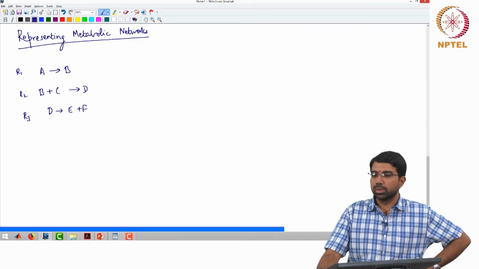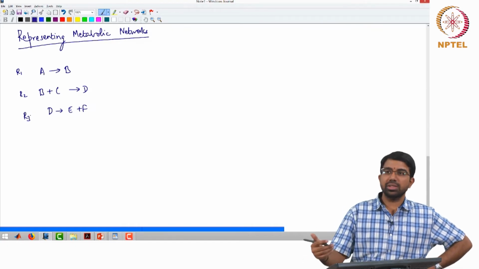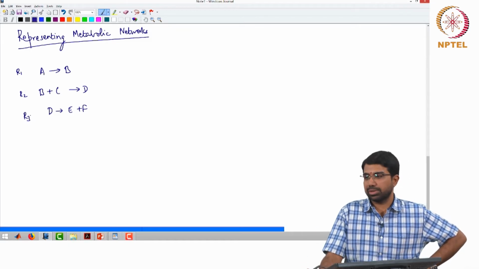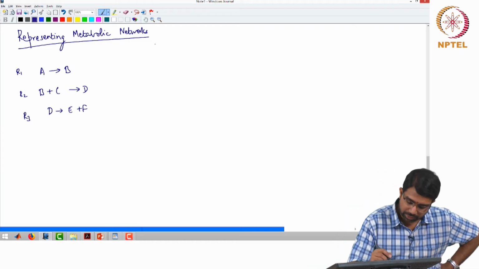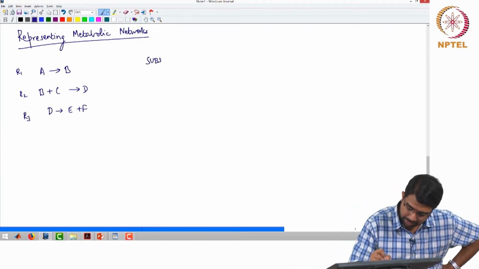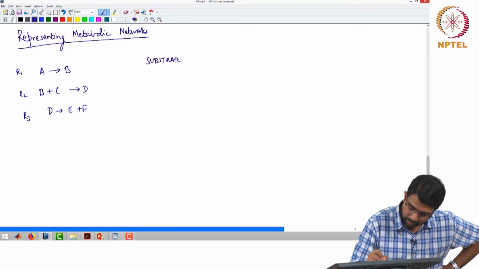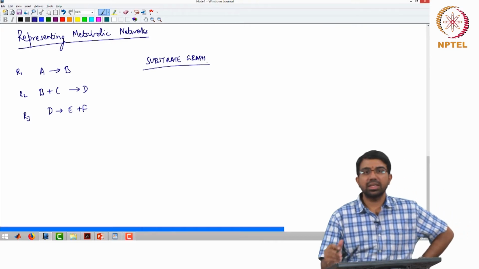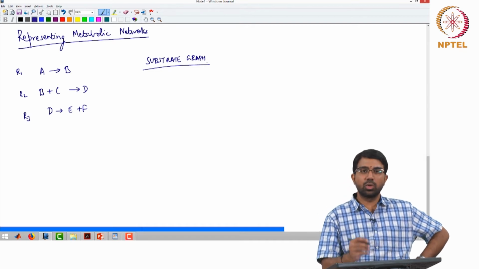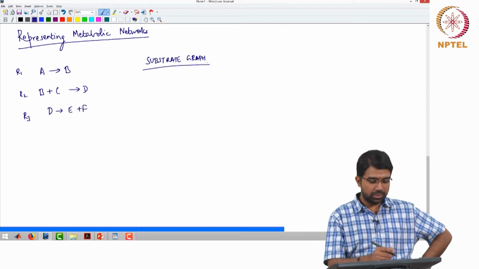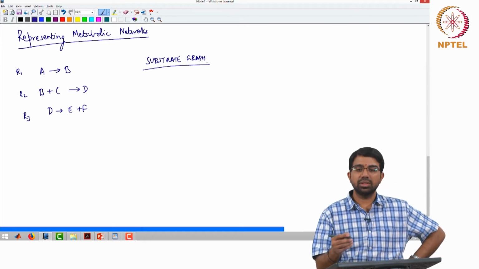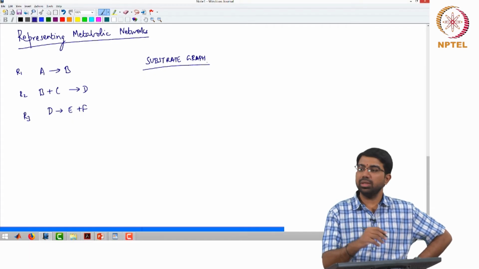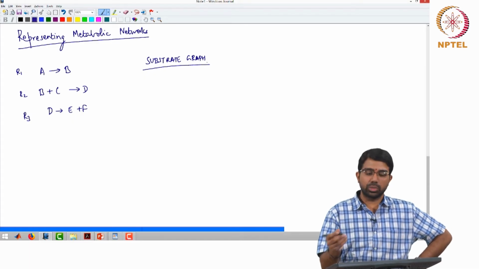There are various ways to do it, and depending upon your choice you will end up with a different kind of representation. One way to represent this would be something known as a substrate graph. As the name suggests, in a substrate graph the nodes are all substrates. In this case it will be A, B, C, D, E, F, and the edges represent those substrates which can be converted to one another.